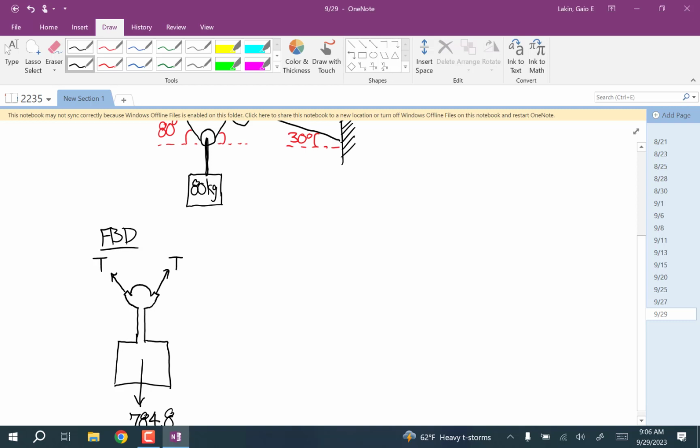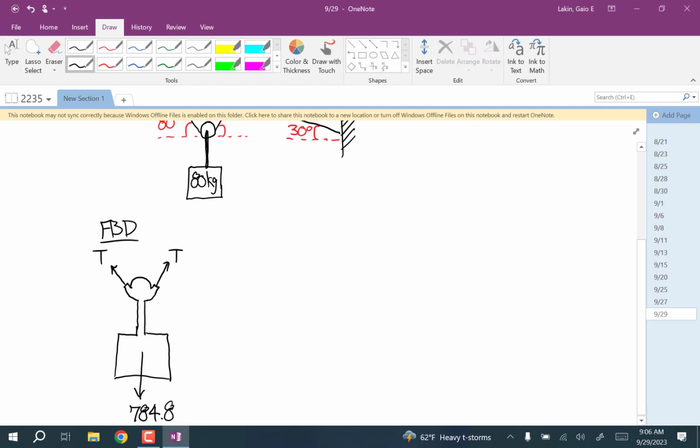So you have two forces like this. But since they're not totally vertical, they're at an angle, you have to deal with those angles. This is a particle problem. We don't care about moments or anything like that.